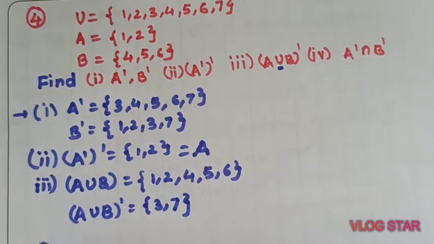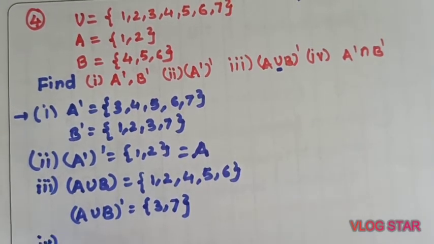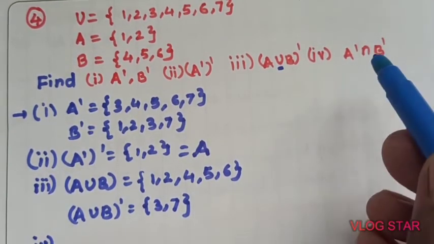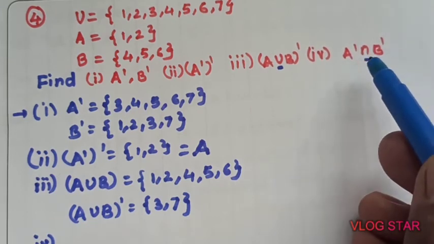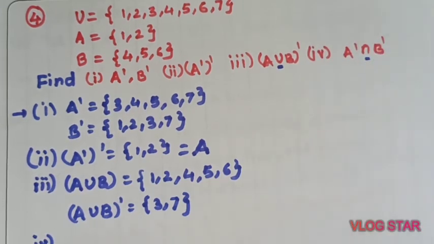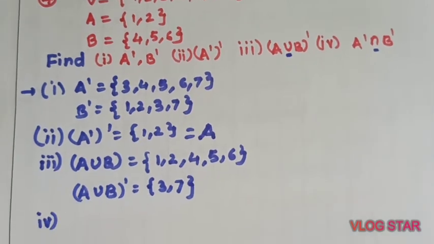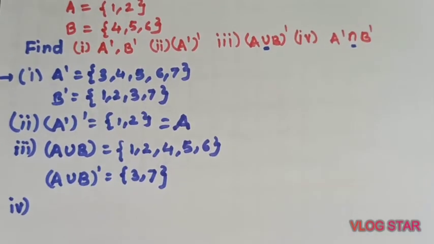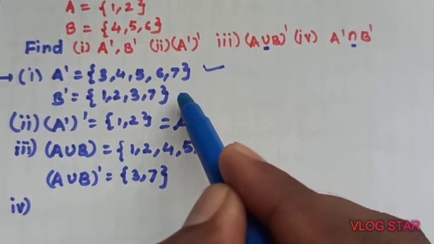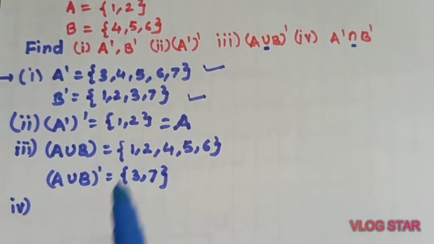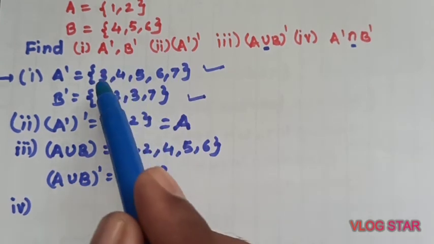What is the last part, fourth part? In this case I have to take, what is the notation, intersection. Intersection means common elements. I have to collect all the common elements which are in A complement and B complement. पहले से हमने यहाँ पे A complement B complement कैलकुलेट किया है. What is common in them?